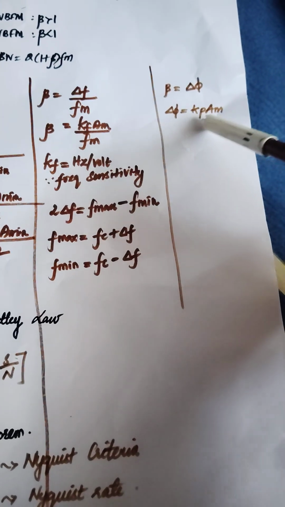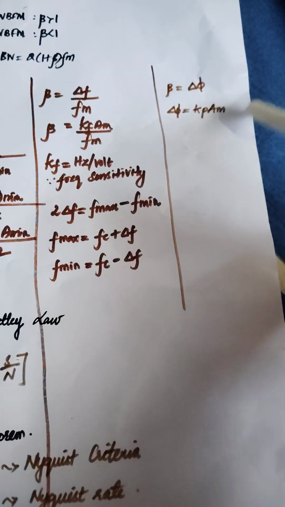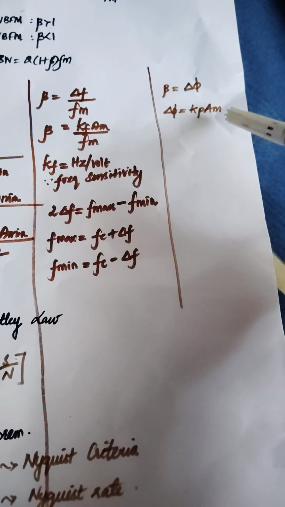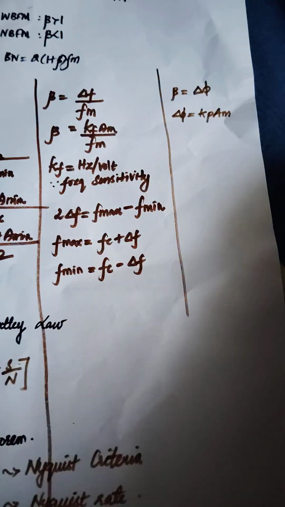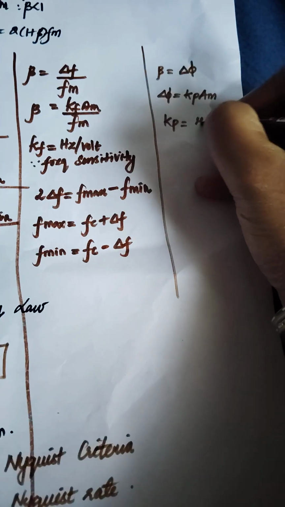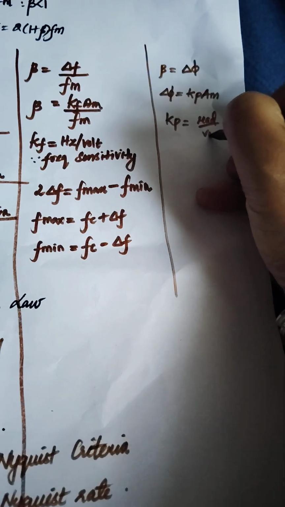Here del phi is equal to Kp AM, and Kp is the phase sensitivity factor, which has the unit radian per volt.